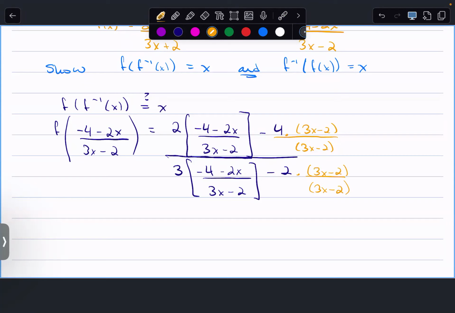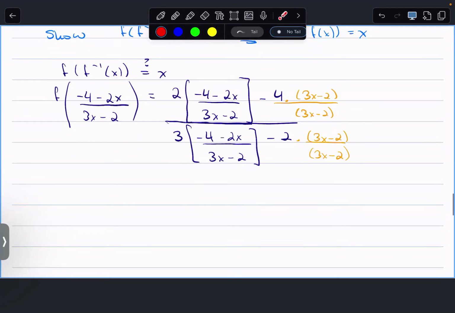I can expand these now. Now that I have a common denominator, I can just put them all over the common denominator. In fact, I can multiply this 2 into the -4 minus 2x if I want to, right? Maybe let's do that first, just so you can see the steps.